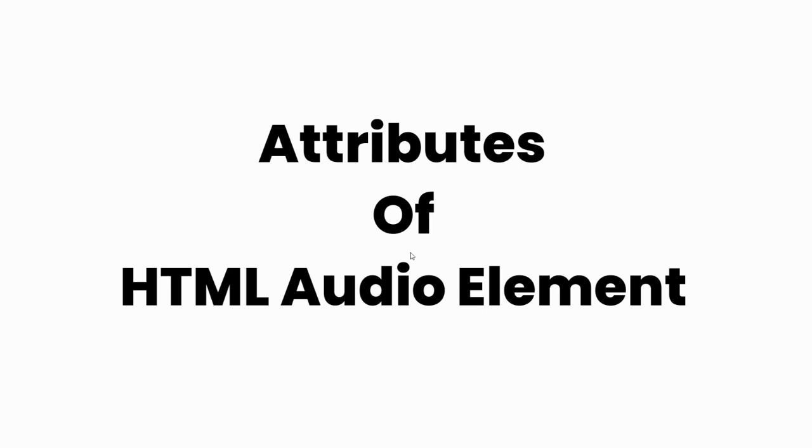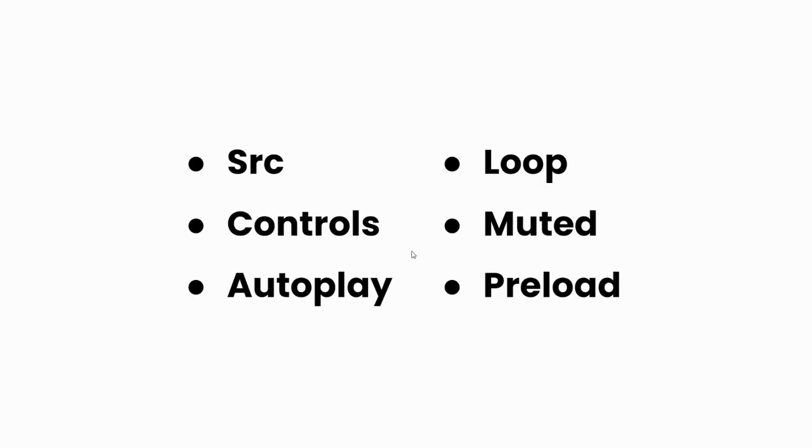So here we'll be diving into the attributes of the HTML audio element. We'll be seeing that soon. So yes, as you can see on the screen, these are the attributes of the HTML audio element. And you can see that there are fewer attributes than the video element.